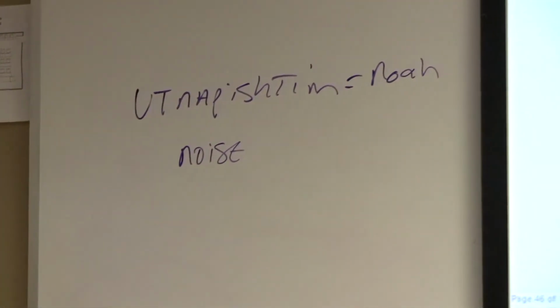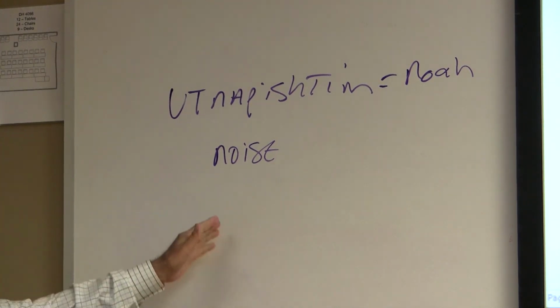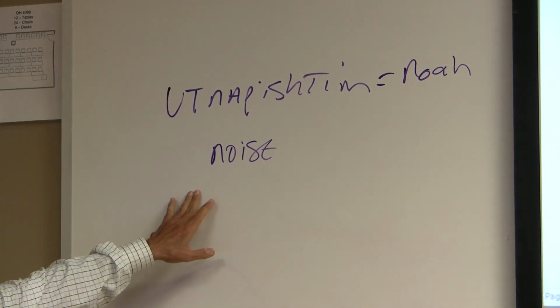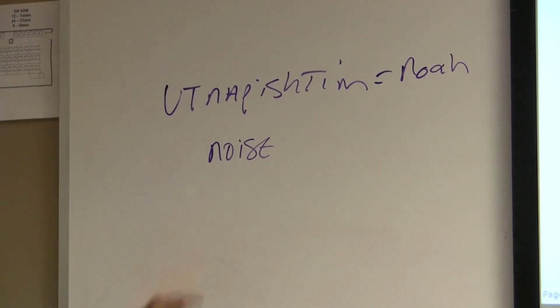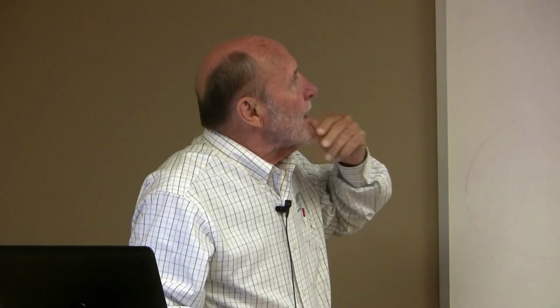in humanity, there is way too much noise. And as they describe it, the gods are unable to sleep because human beings are making so much noise. Well, it sounds to me like dorm life. So they decide they're going to destroy the earth because of this.